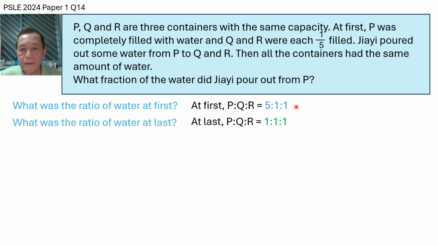Let's look at these two ratios. Both Q and R gain some water from P. Why is it that their 1 unit remain the same? Shouldn't they increase?